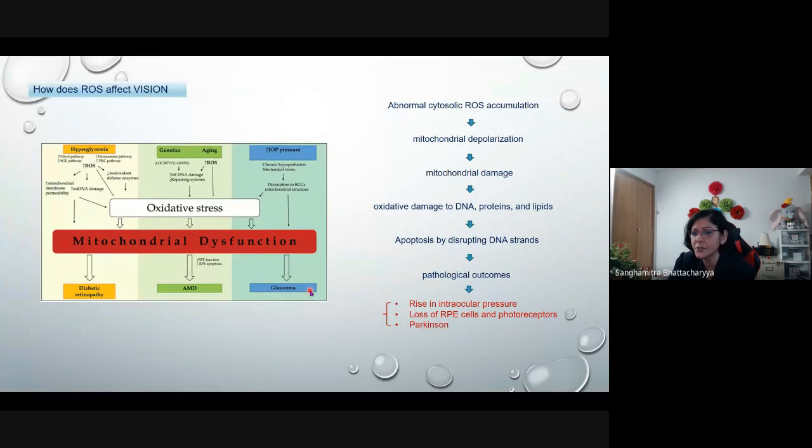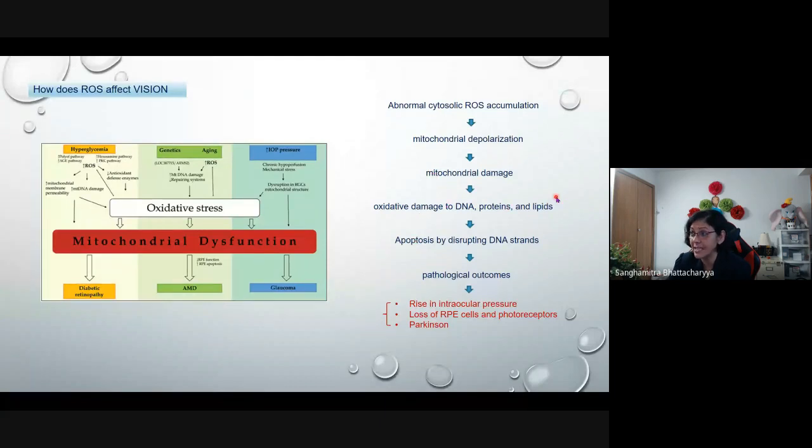Usually, the ROS-induced damage in the lens cell consists of oxidation of proteins, DNA damage, and lipid peroxidation, and interestingly, all these three that I have just mentioned generate cataract. That's a very common eye disease.